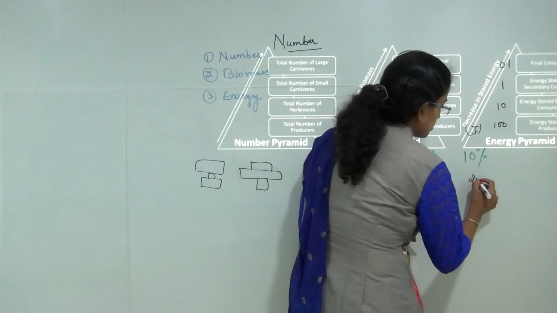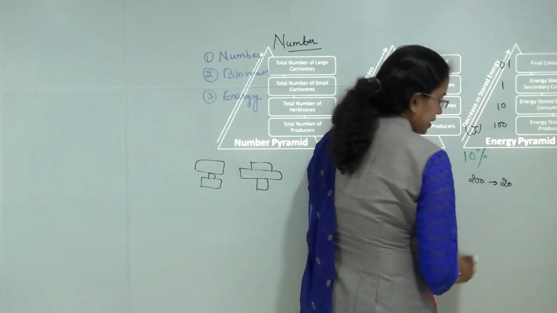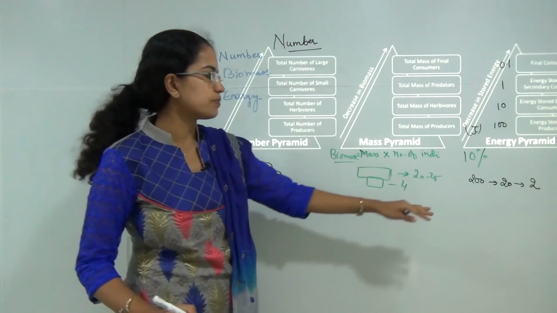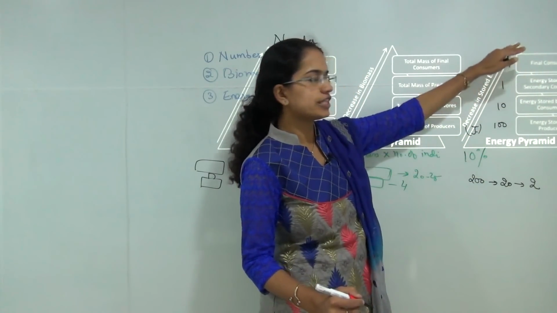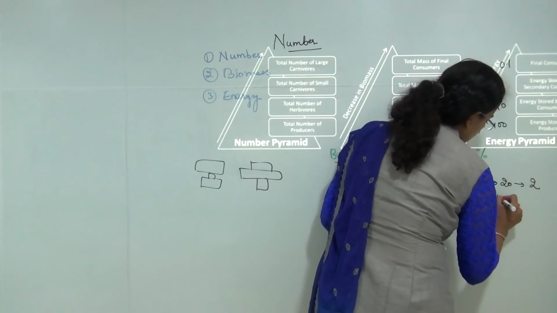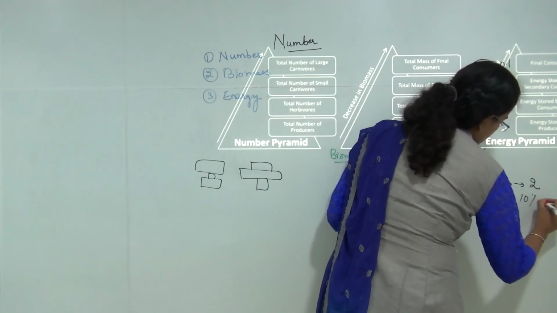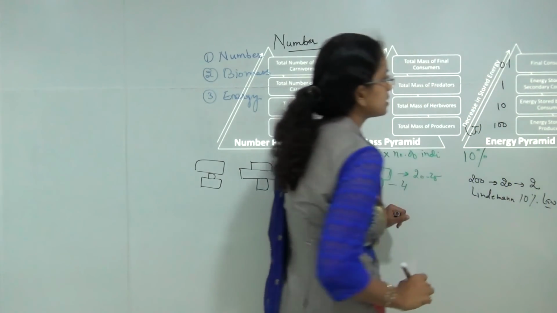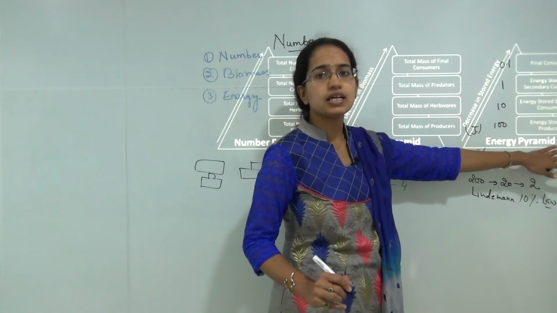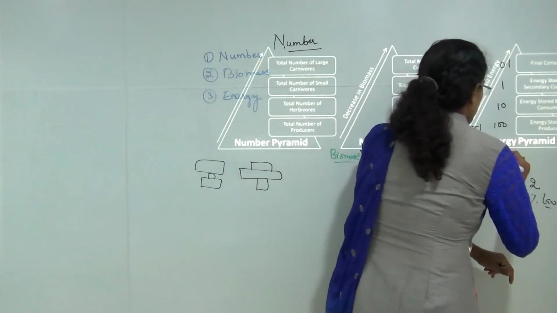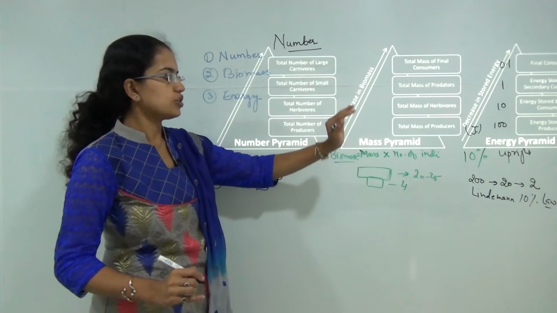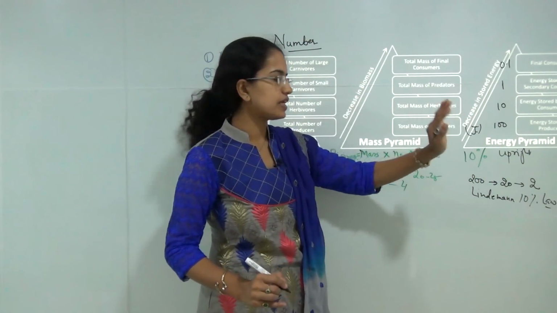So if I say at the producers it is 200 joules, at the primary consumers it would be 20 joules, and at the secondary consumers it would be 2 joules, because only 10% of the energy is further transferred, and this is what is known as Lindeman's 10% law. Propounded after his name. So specifically for pyramid of energy, it's always upright. You cannot say pyramid of energy has any exceptions to it. So pyramid of energy is always upright.